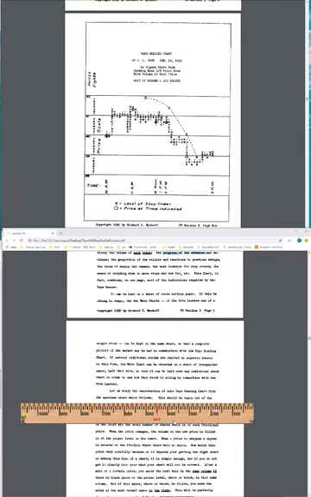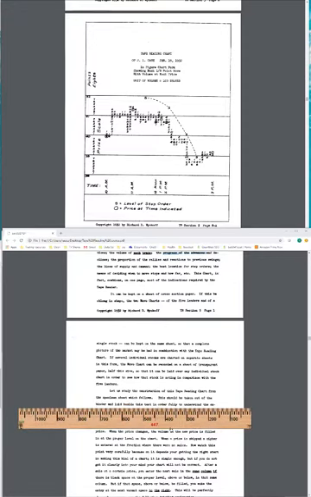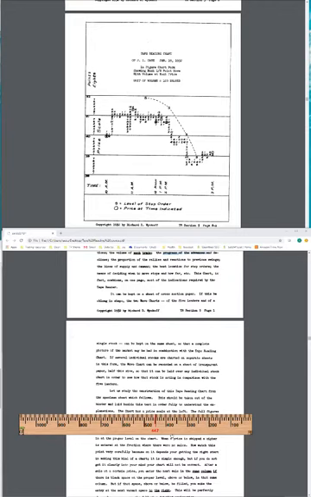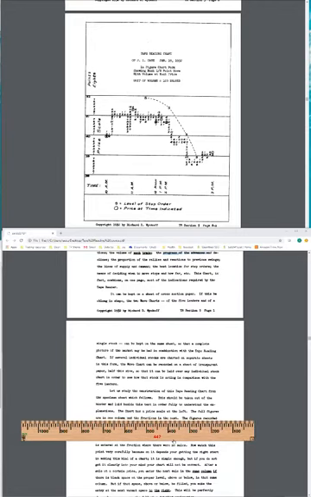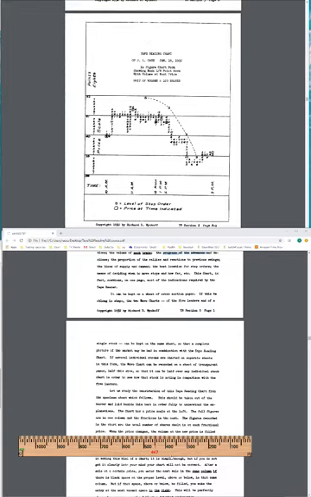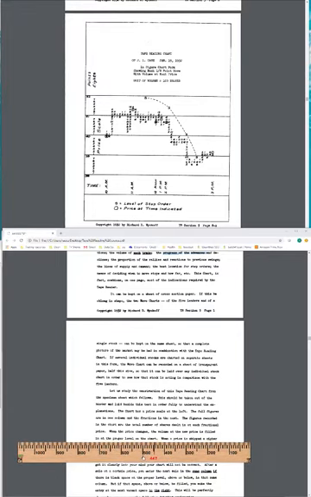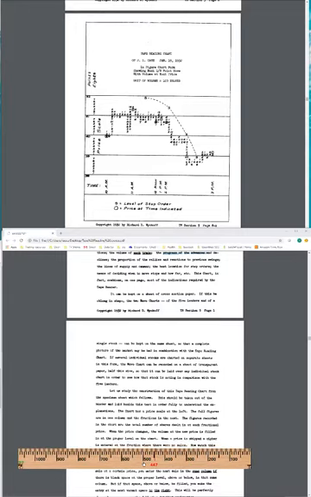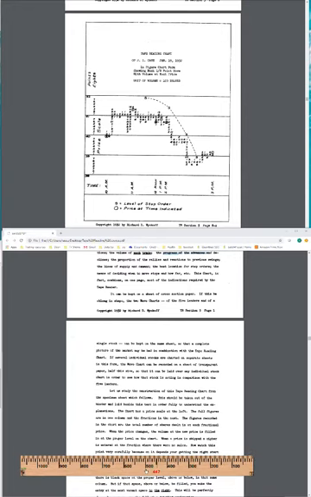So what is the construction? This is an important point right here.